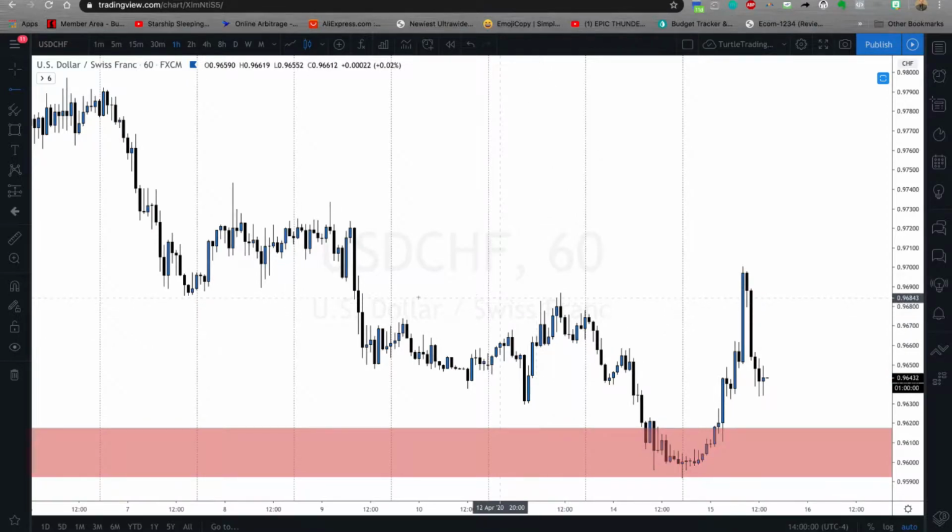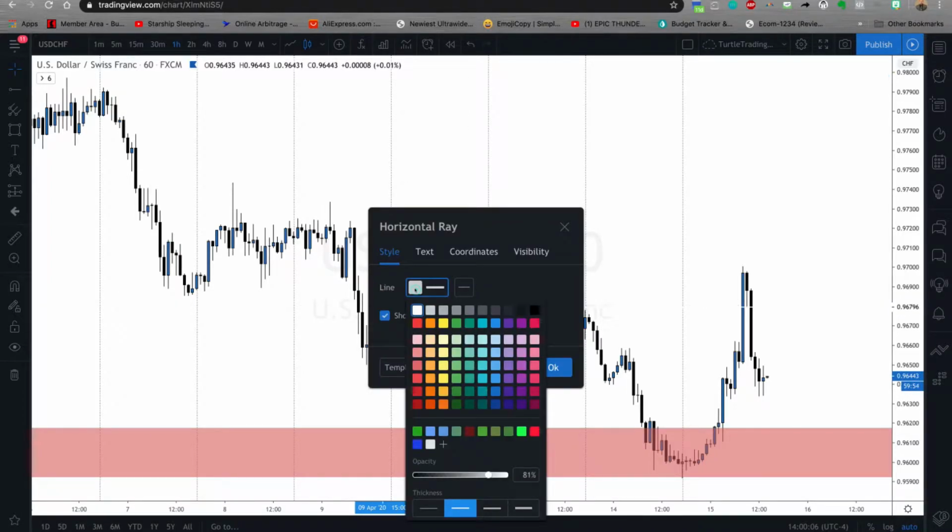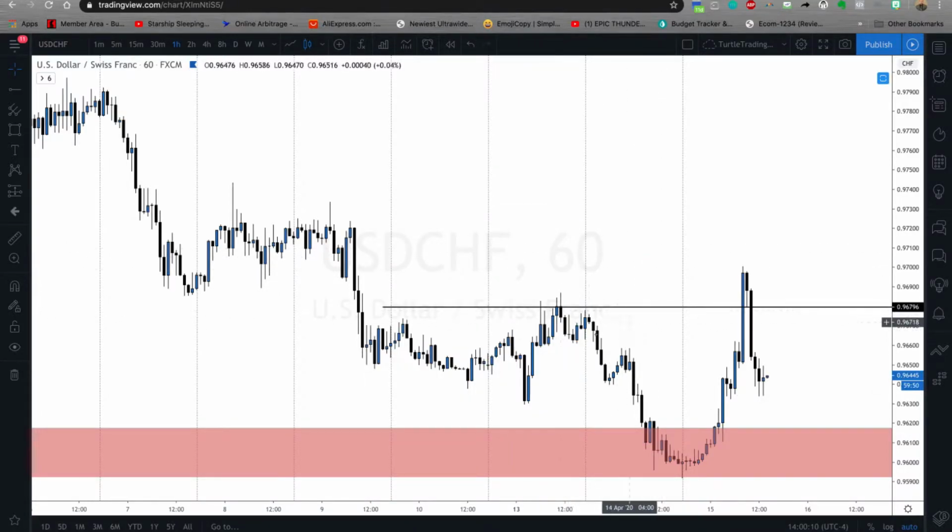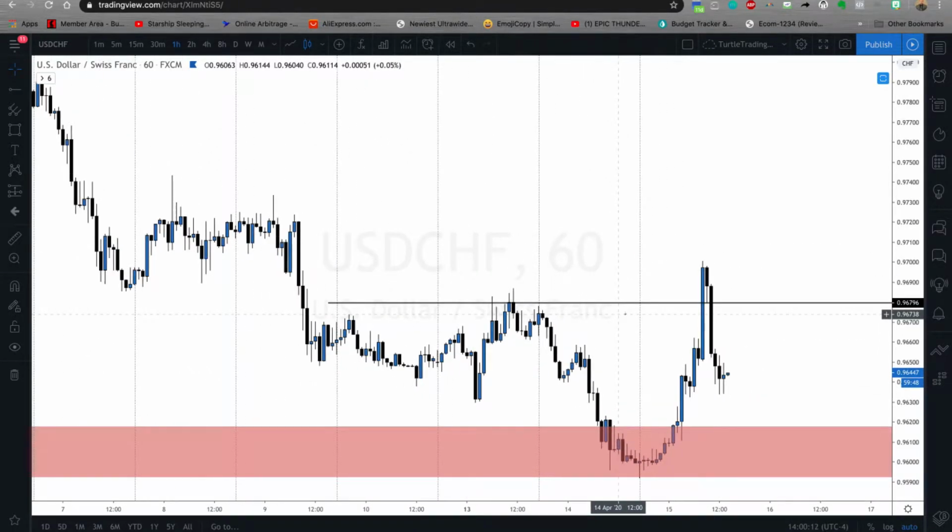It was all right here, I believe. Yep. Let me just put this black here so you guys can see it. So that was the target area that I was looking for. So I started scaling in somewhere around here. As soon as we spiked up, I decided to take profits, go to bed, and wake up in the morning and see where we stand.